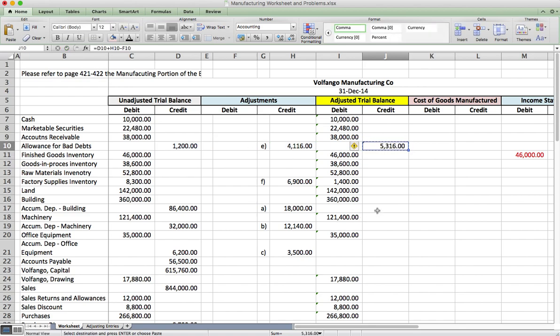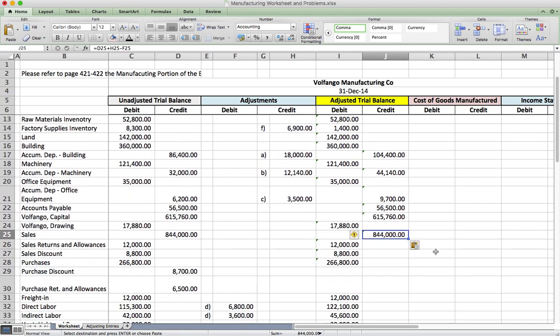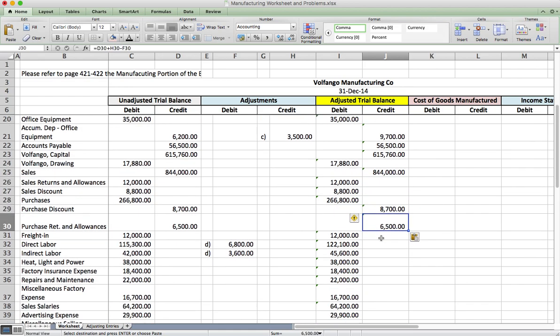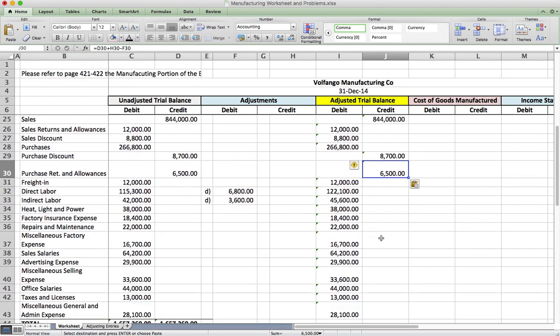Saan natin lalagay yan? Contra asset accounts such as allowance for bad debts, accumulated depreciation, and accounts payable, liabilities, capital, sales, and other income. Meron pa ba? Wala na. Tapos, contra purchases accounts. Purchase discount. Yan.